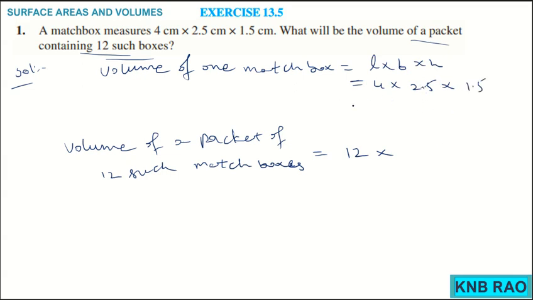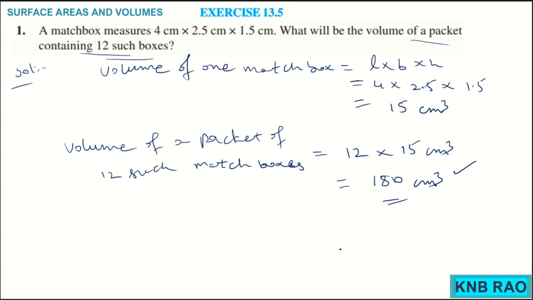So their product, 4 into 2.5 is 10, 10 into 1.5 is 15 centimeter cube, and 12 into 15 centimeter cube will be the volume of such a pocket of 12 such boxes. It is 180 centimeter cube.